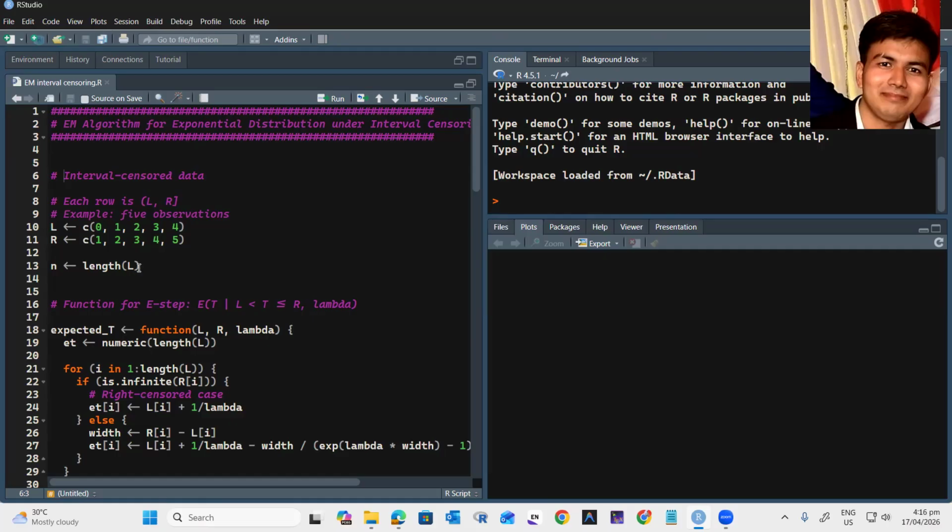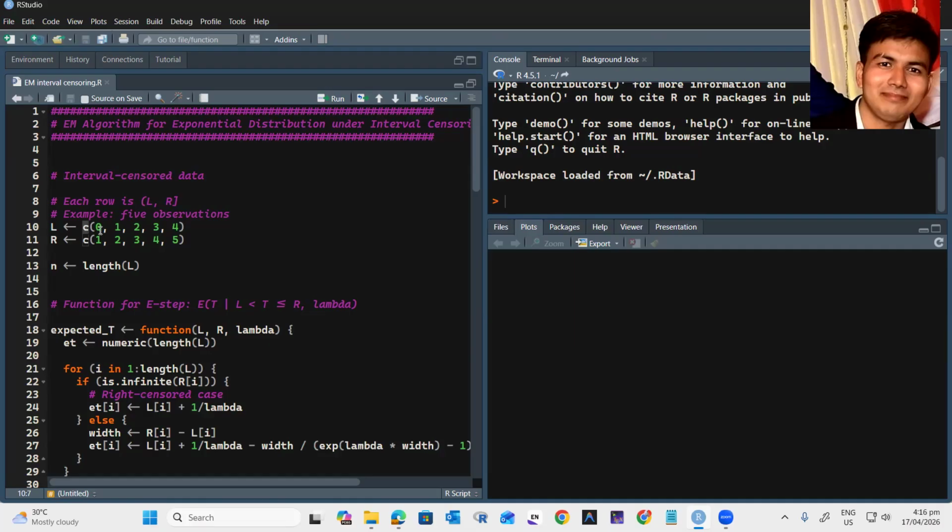Here in c, we are combining the values into a numerical vector because of the c combine command. Here we create two vectors of equal lengths. L contains the left endpoints and R contains the right endpoints. Each row, that is basically Li and Ri, defines an interval.